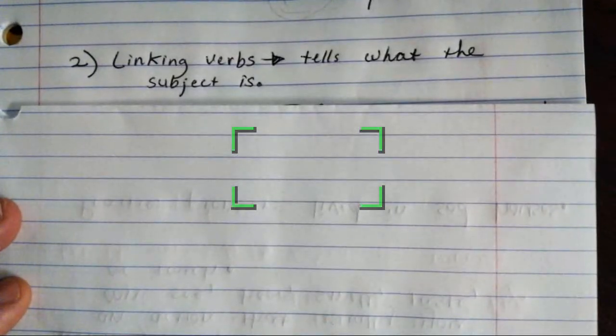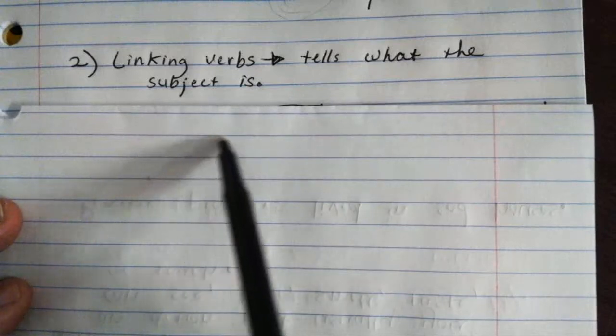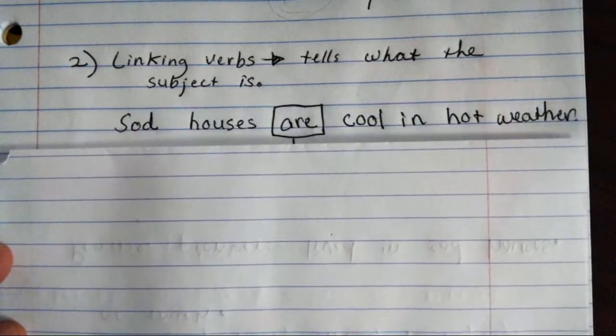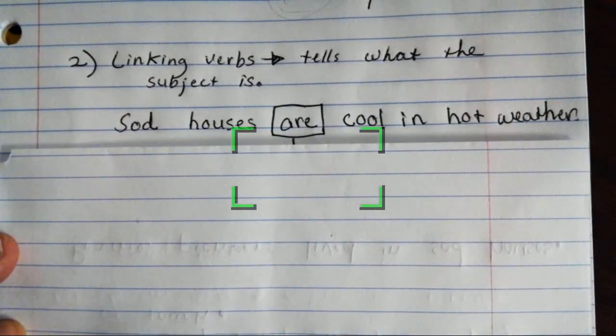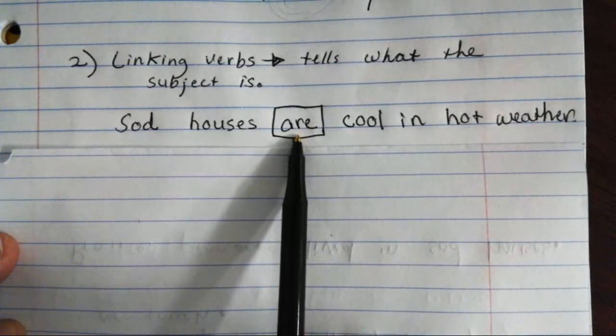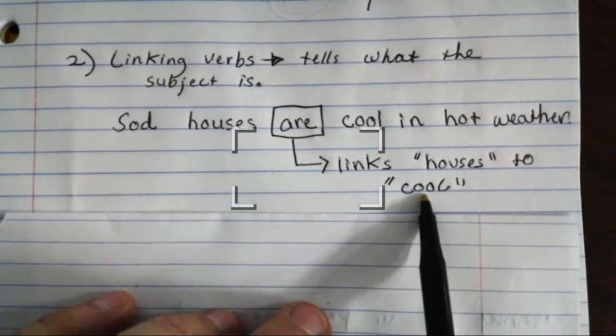Linking verbs tell what the subject is. It's called a linking verb because it links the subject to another word in the sentence. So let's take a look. Sawed houses are cool in hot weather. Well, the verb here is are. It links houses to cool.